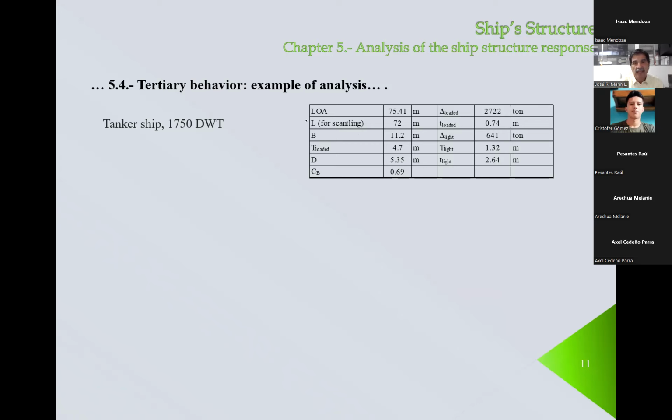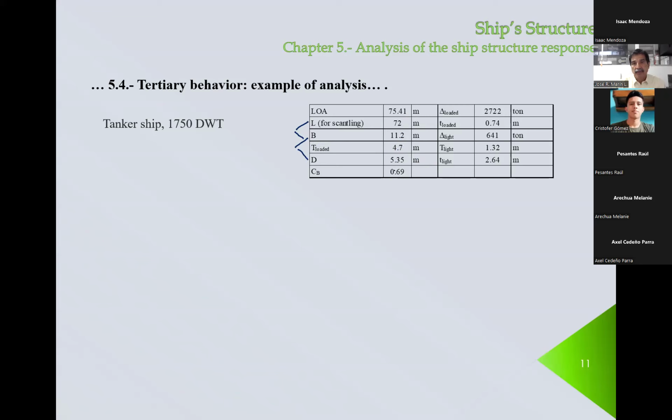In this case, you see the relationship is about 6, maybe a little more than 6. That's because this is a kind of large ship for our numbers. Usually, also B over D is about 2. It's a little bit more than 2.